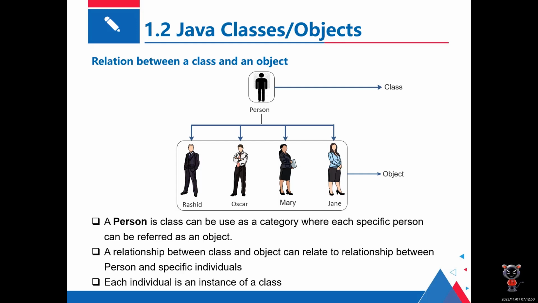Each person has a different name. So we can identify an individual person by creating an object of the person class. Here, the class, the template, is a person which has certain characteristics, where each individual is an object or instance of that class.